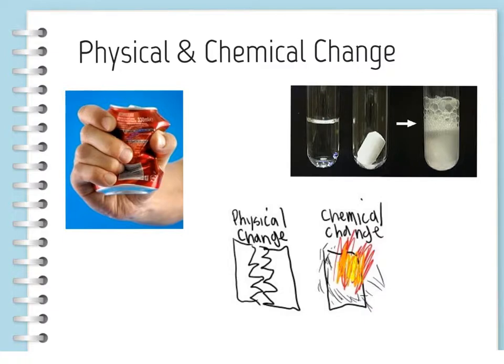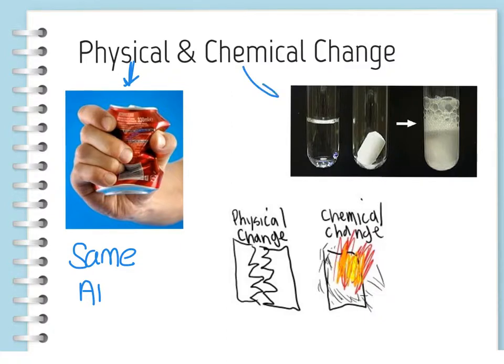So in a physical change, you can still retrieve the original substance. For instance, this can is being crushed, and it is still the same. It has not changed its chemical composition. It's still made of aluminum. It was aluminum before, and it's still aluminum after. So it is just a physical change.